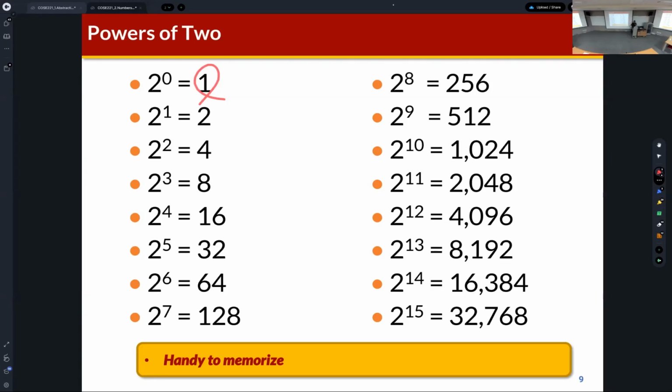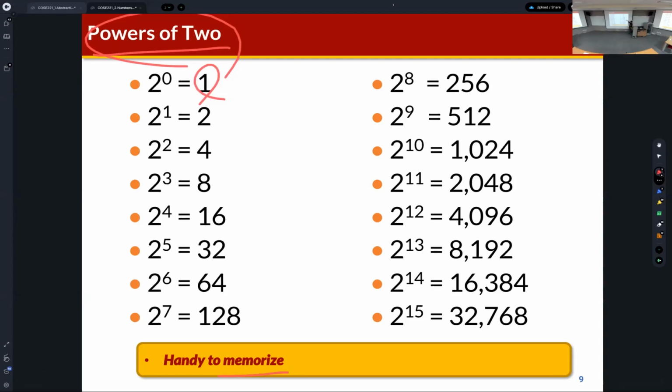If you are familiar with the powers of 2, you can easily calculate some numbers from the digital data and understand the digital world more easily. It's handy to memorize.